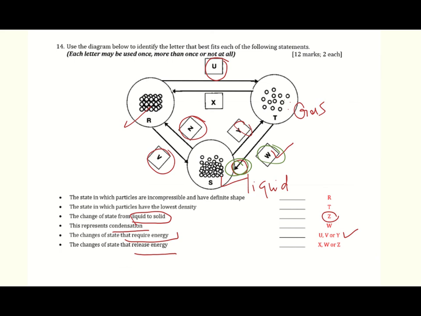So it's W or Z or X. X represents sublimation or deposition. Yes, it's a deposition, change substance from gas to solid, and this happens when particles lose energy. So release energy means lose energy and come closer. Require energy means they will take energy and the particles will go farther apart.